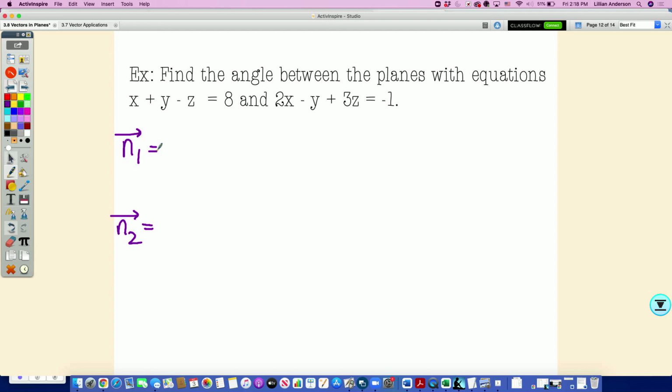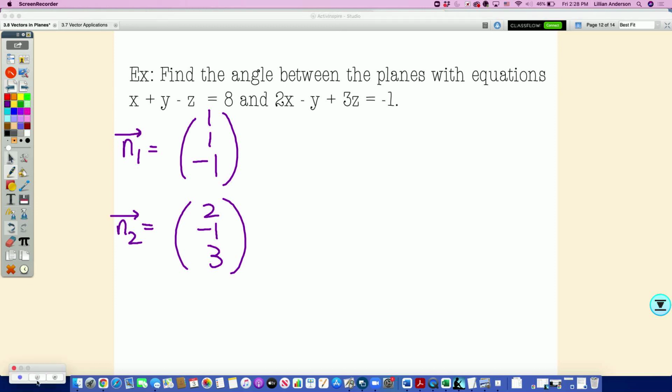Remember, you need n1 and n2 from both vectors. Remember, that's the a, b, and c. So that's 1, 1, and -1, and then that's 2, -1, 3. And you would plug it into the formula to find the angle between the two planes.